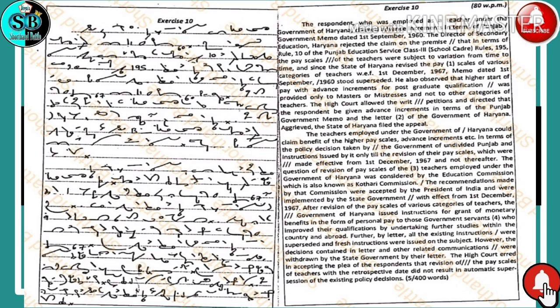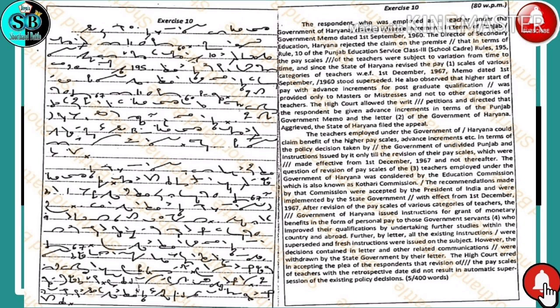The question of revision of pay scales of the teachers employed under the Government of Haryana was considered by the Education Commission, which is also known as Kothari Commission. The recommendations made by that commission were accepted by the President of India and were implemented by the state government with effect from 1st December 1967.